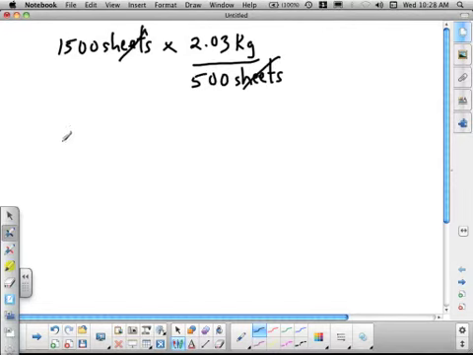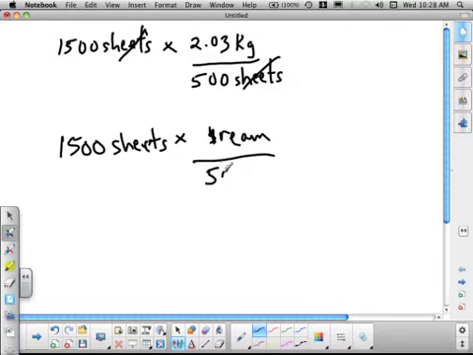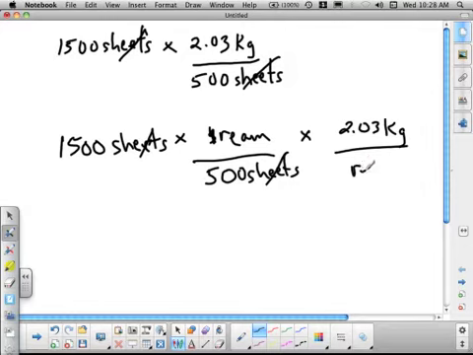All right? Or you could do 1,500 sheets times 1 ream is 500 sheets, and I had to put the sheets on the bottom to get that unit to cancel, and then times 2.03 kilograms per ream. So you're doing the same thing.